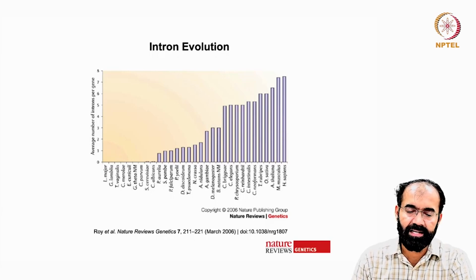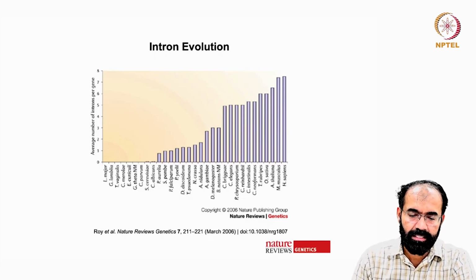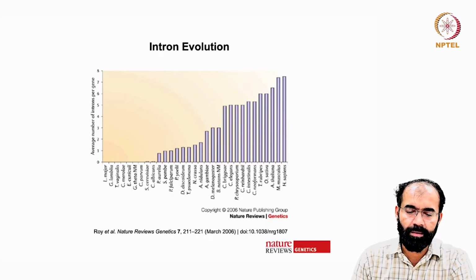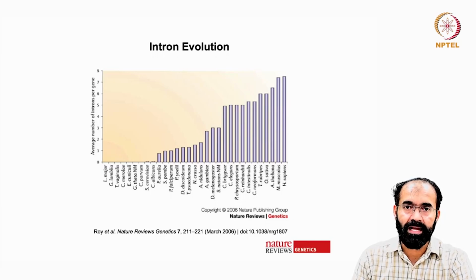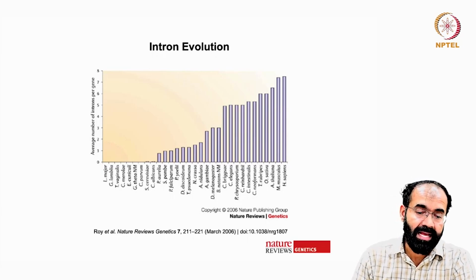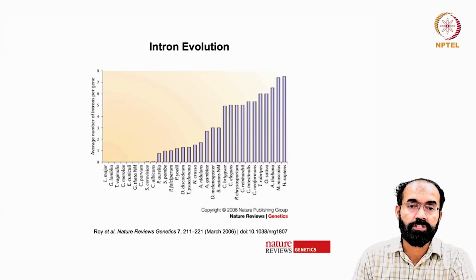Different mammals are there, and Neurospora crassa, which is a fungus species, and C. elegans is a worm. The names of these animals are not important, but understand that in the evolutionary time scale, as the animal complexity increases, you always have an increase in the average number of introns per gene.